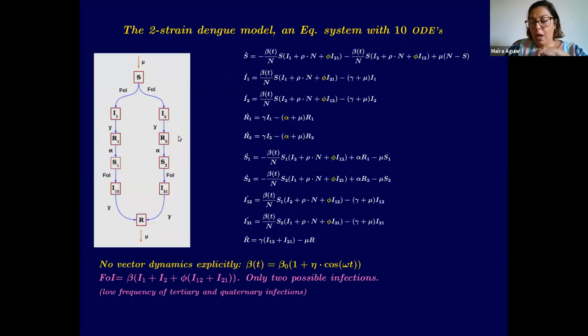And what we do now is we add strain structure. So we now put a bit more reality, and we assume that seronegative individuals can become infected with dengue 1 and dengue 2. Again, we do not have asymmetry between viruses. We do not have asymmetry between serotypes. So we just assume that dengue 1 and dengue 2 are different.